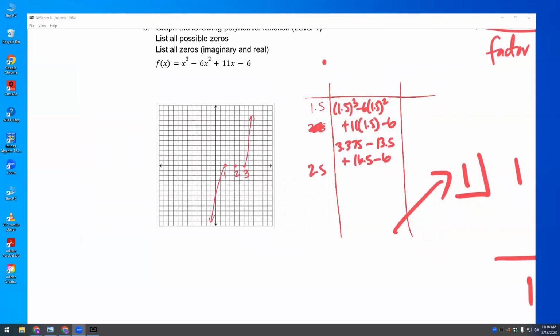So 3.375 minus 13.5 plus 16.5 minus 6 is equal to 0.375. All that for 0.375.